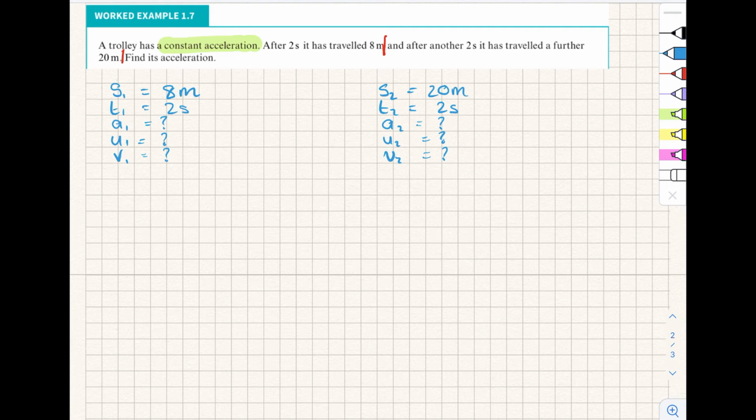However, we can make some very obvious assumptions, okay? Because it's constant acceleration, we know that the acceleration for both of these is going to be the same, because the acceleration is not changing.